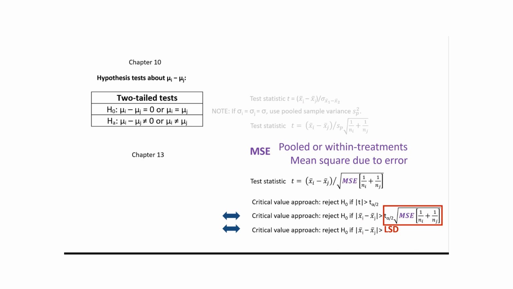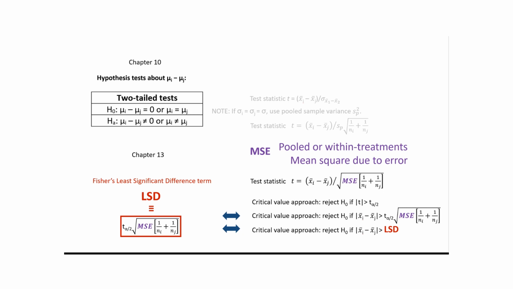When we rename this product LSD, Fisher's least significant difference, this term is the only thing new here. We actually called this term margin of error before and used it to construct confidence intervals.